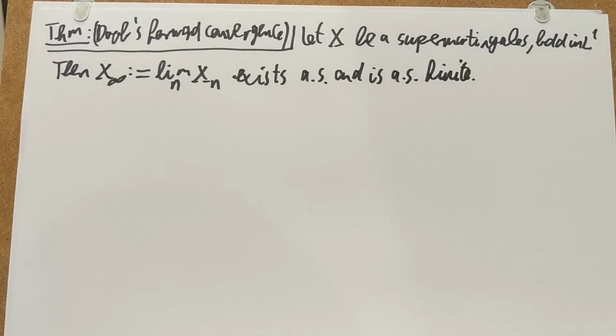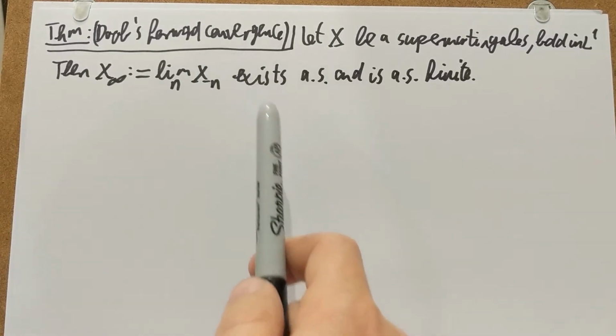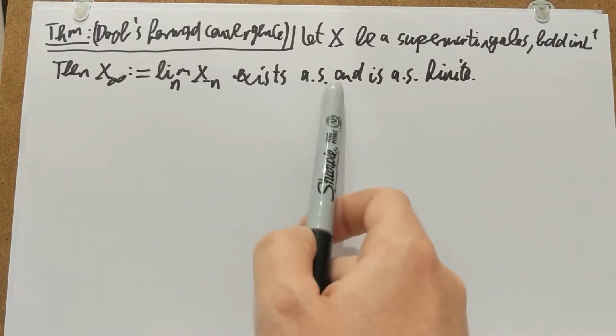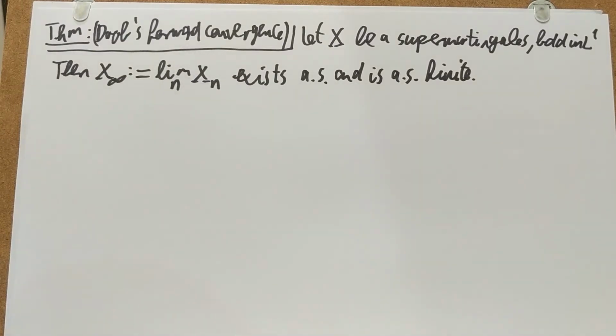Right, so let's see how to prove this. Before we prove it, let me just mention a little trick here. So here's a limit that exists with probability 1, and in some cases you might want to talk about the limit as a sure fact, not only probability 1 but everywhere, always.